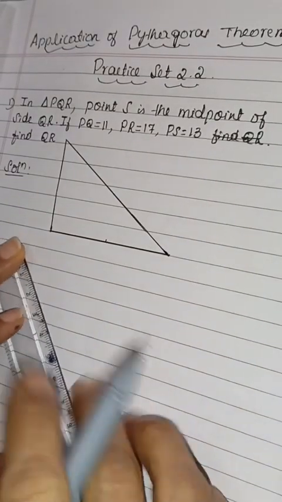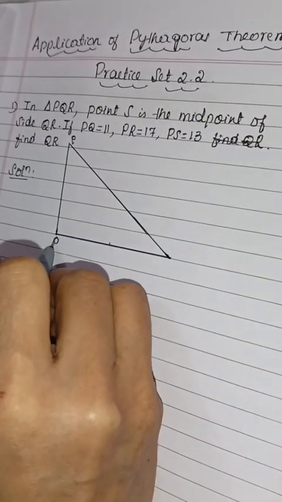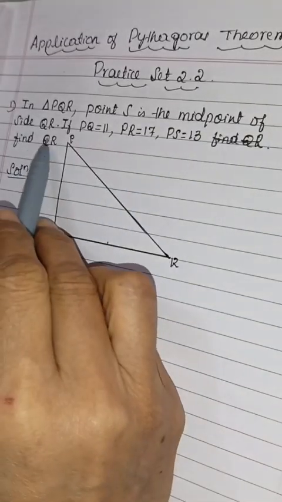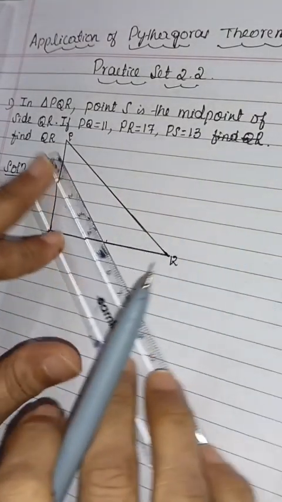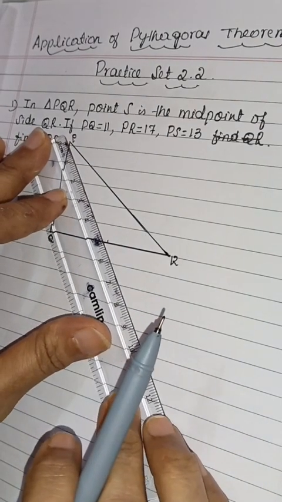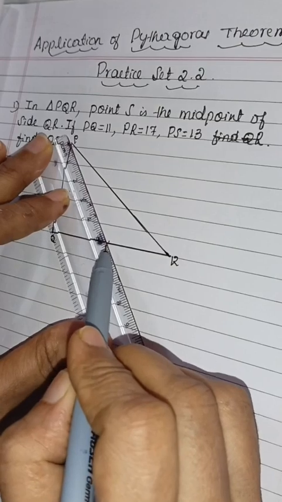So here is one triangle, let's name it PQR. Okay, and point S is the midpoint of QR. Let's draw our median.